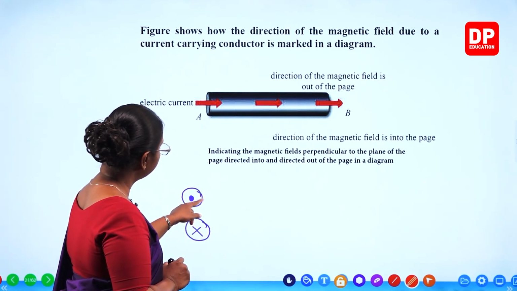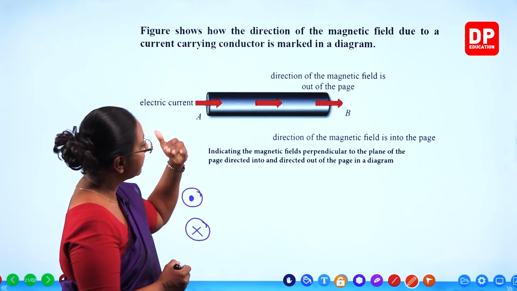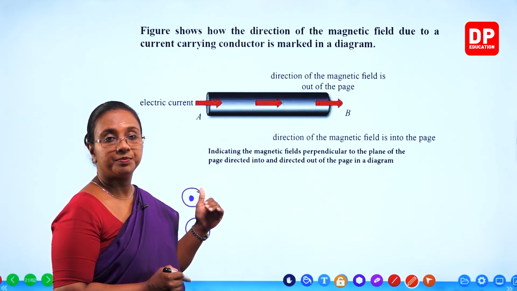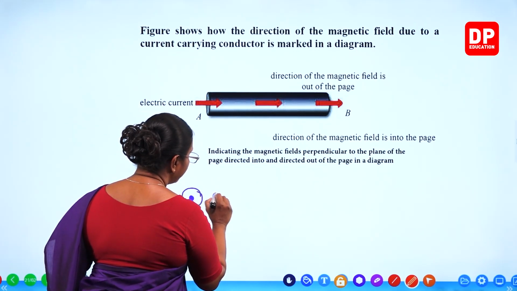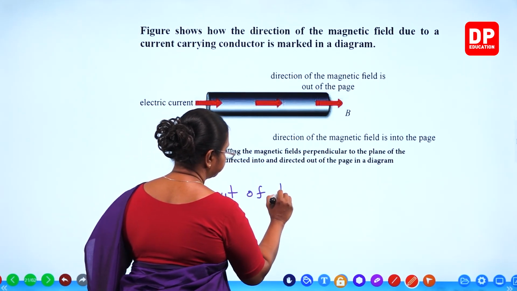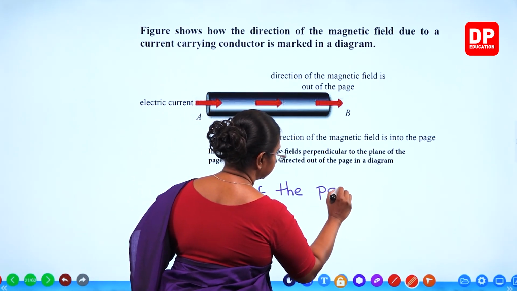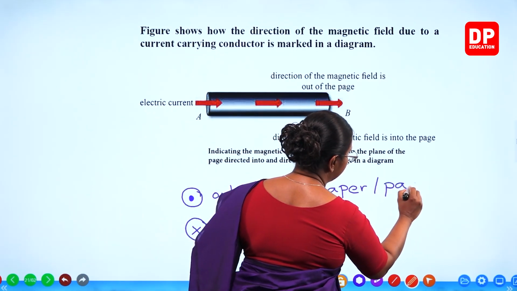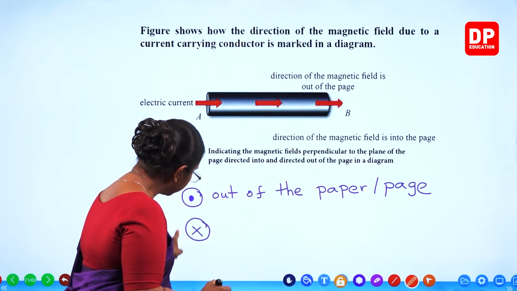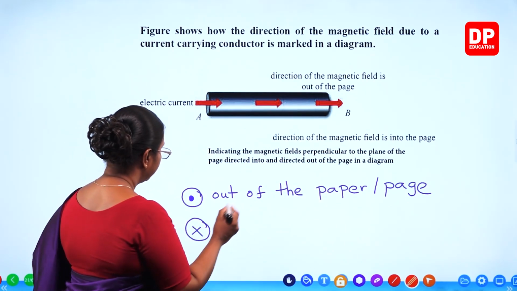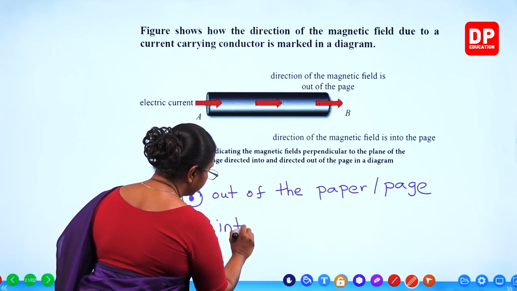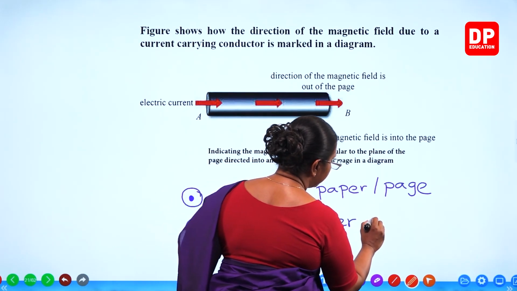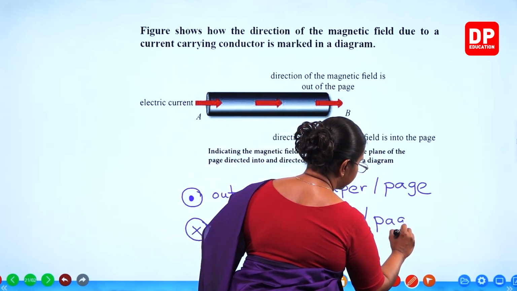Now this dot and a circle means the lines are coming out of the paper, or we can say page. Then this cross and a circle around it means into the paper, or page.